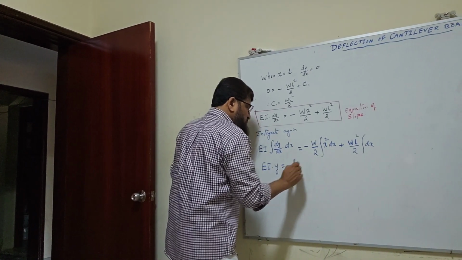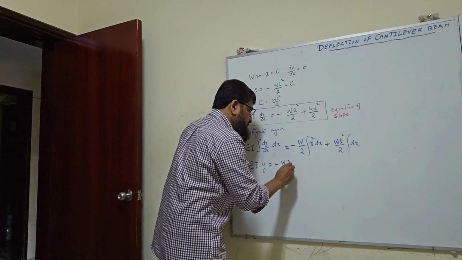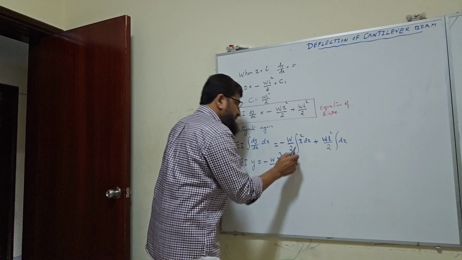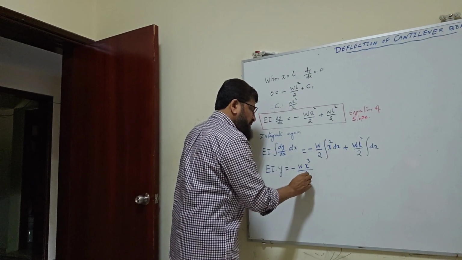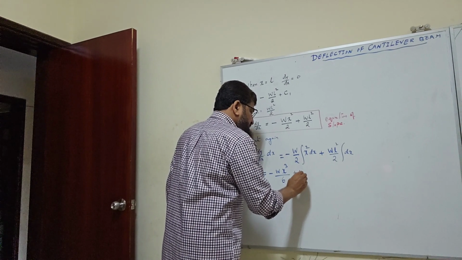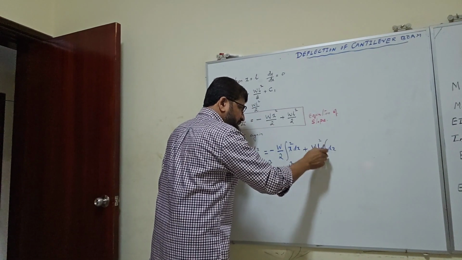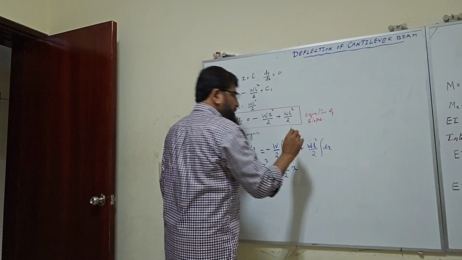minus W by 2, here x square was x cube by 3, is it not? W x cube by 3, 3 is here and 2 is here, if you multiply it becomes 6, correct? And then here I will have WL square by 2, integral of dx is what? X, okay?